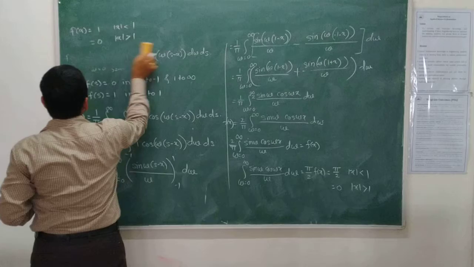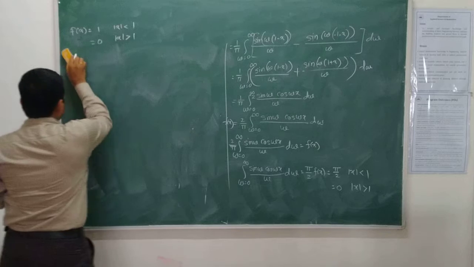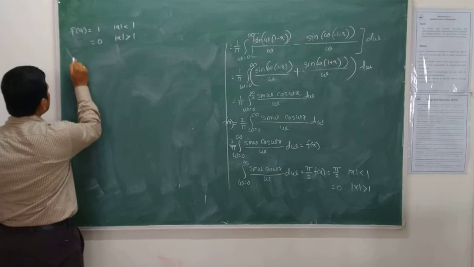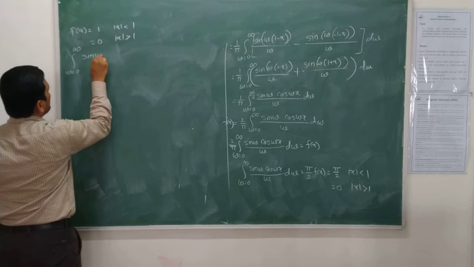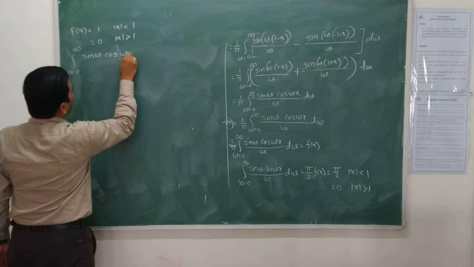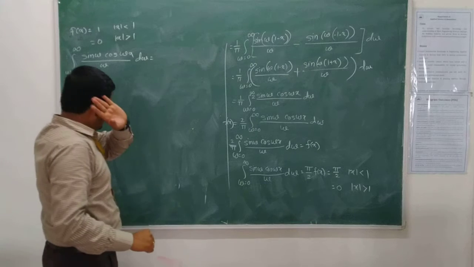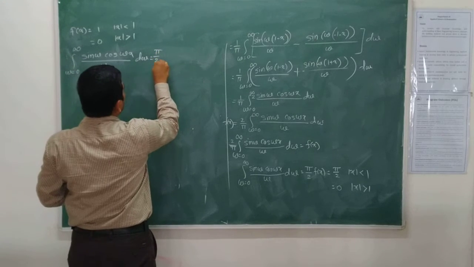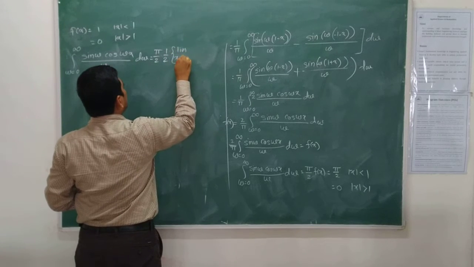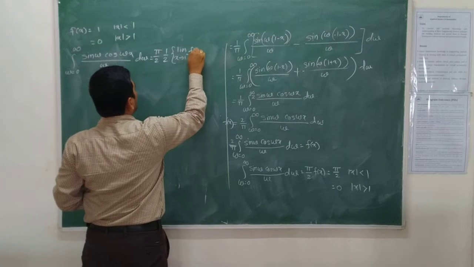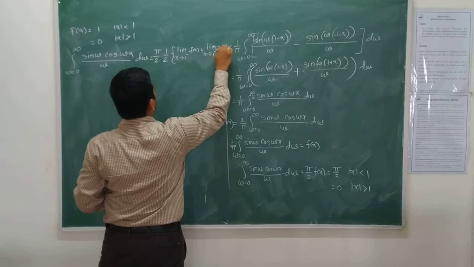Hence what we do, I'll just explain it. The integral, omega equal to 0 to infinity, sin omega into cos omega x upon omega d omega, is equal to pi by 2 into 1 by 2 into bracket, limit x tends to 1 minus of f of x plus limit x tends to 1 plus of f of x.